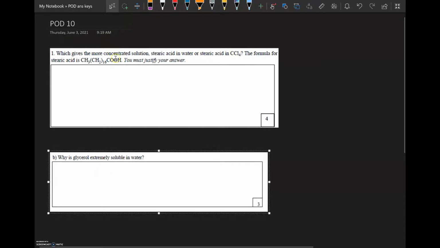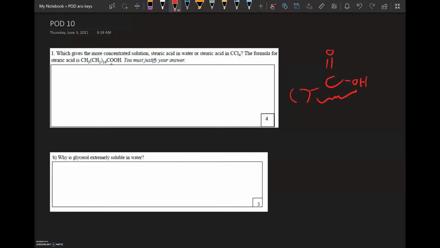Now on the very end of it, you have this carboxylic acid functional group, which is going to give you your C double bond O with an OH, and then you have the rest of the chain. So this portion here is going to present a polar section on this compound.